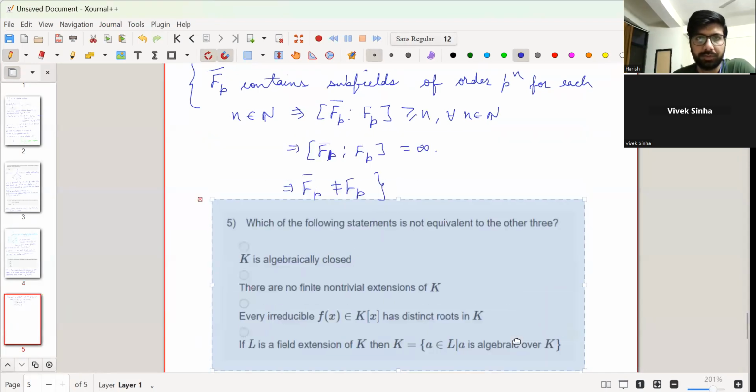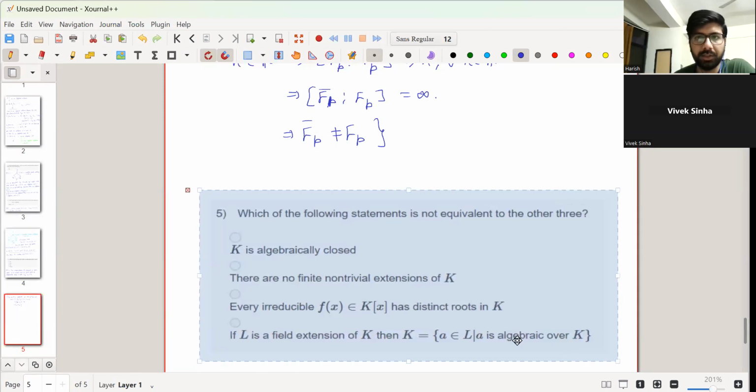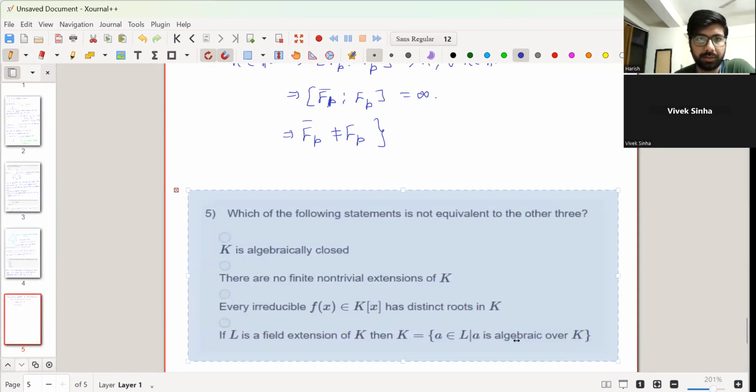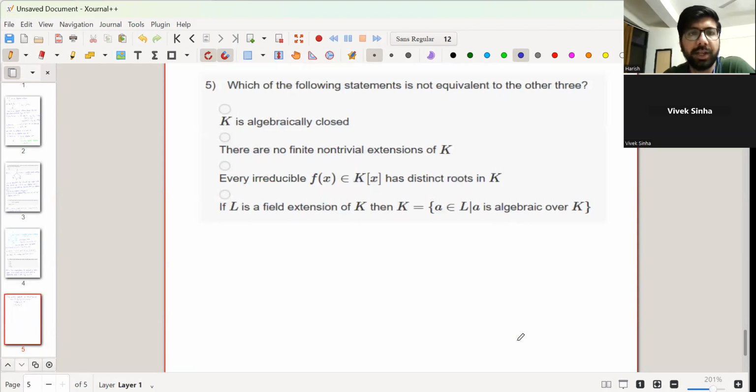So I will then copy paste another question. It says which of the following statements are equivalent to the other three. First one is K is algebraically closed. There are no non-trivial extensions of K. Every irreducible f(x) belonging to K[x] has distinct roots in K. So let me see one by one.